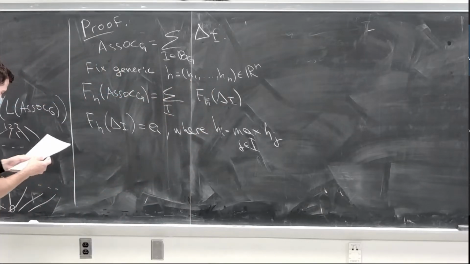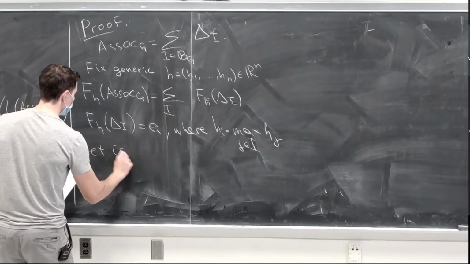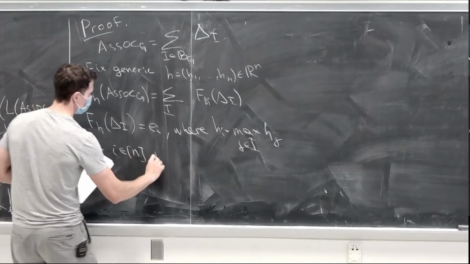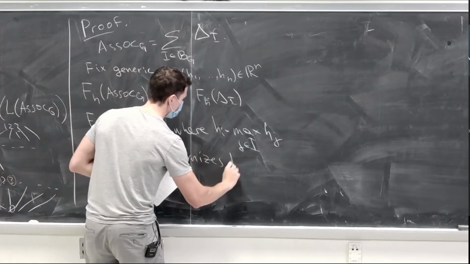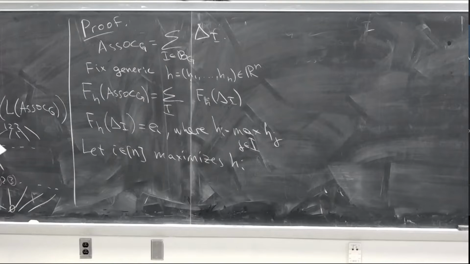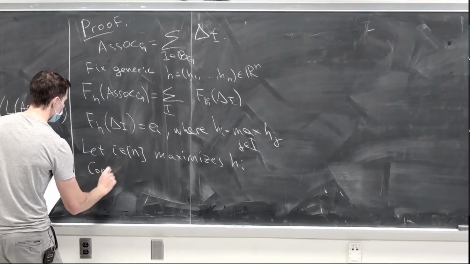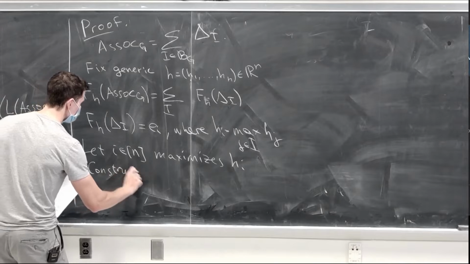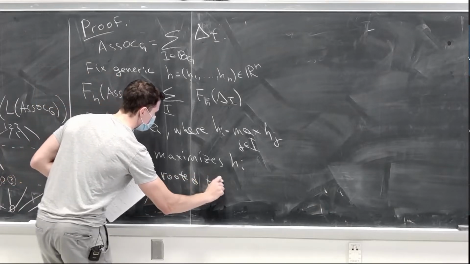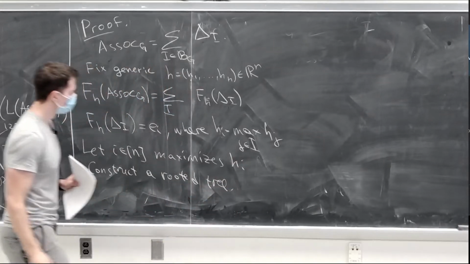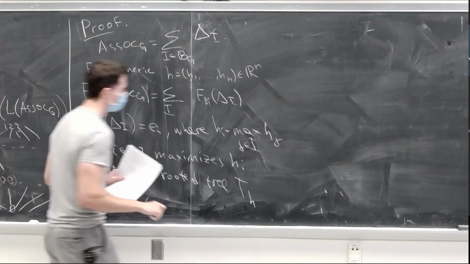So let's say i is the maximum, it maximizes h_i. Then I'm going to construct a certain rooted tree, which I'm going to denote by T_h.